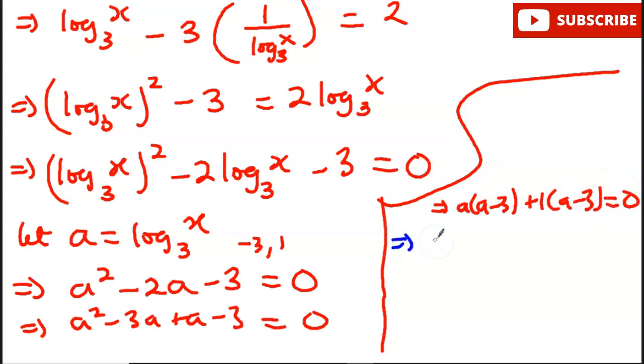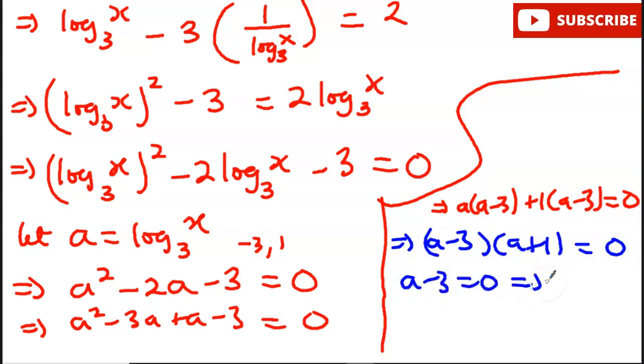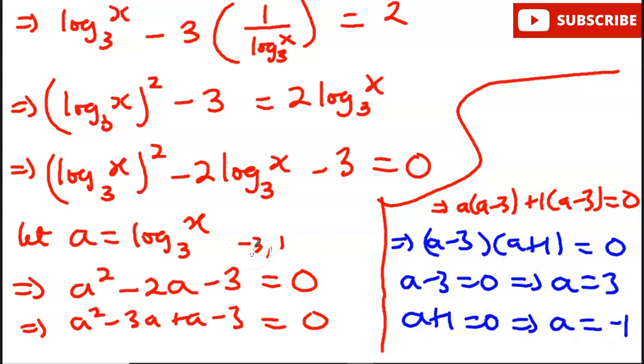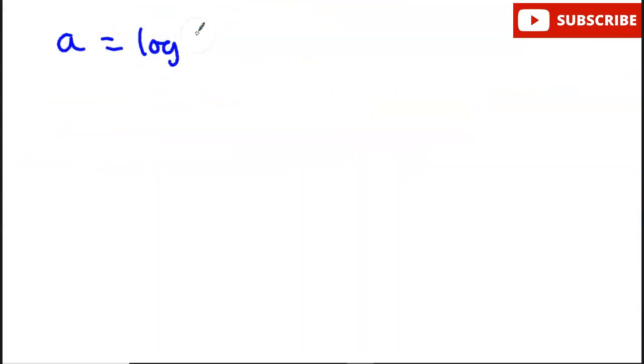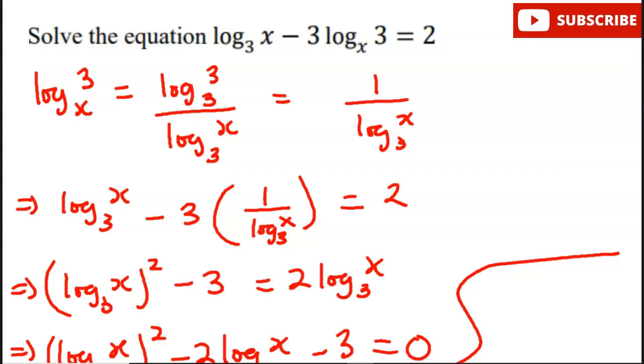So we have a minus 3, a plus 1 is equal to 0. So a minus 3 is equal to 0 implies that a is equal to 3, and a plus 1 is equal to 0 implies that a is equal to minus 1. Okay, we said that a is equal to log x to the base 3. So for each value of a, we are going to find x.